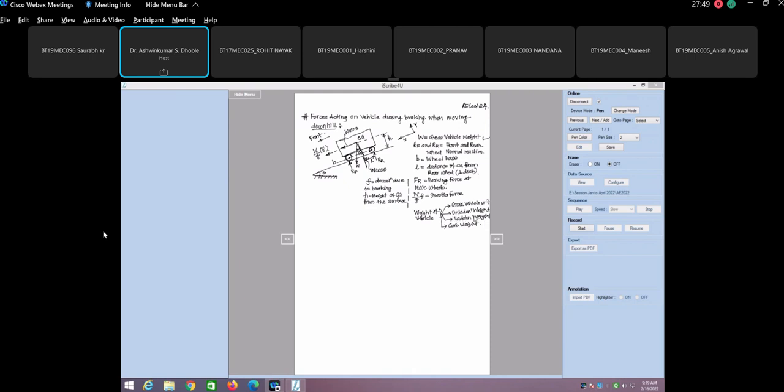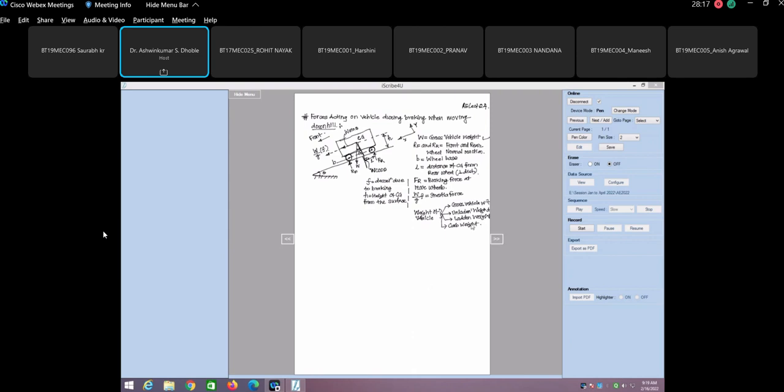Unladen weight is when you remove the co-passengers and the luggage. And curb weight means just the weight of the vehicle without occupant or baggage. That means there is no person sitting, no luggage, whatever vehicle is there, that is the curb weight.